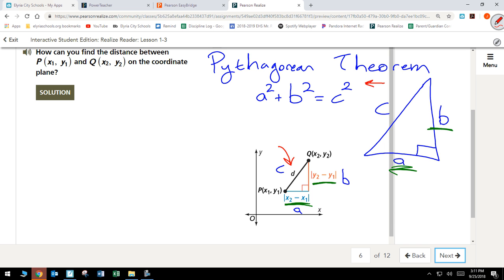And to undo a square, we utilize a square root. Whatever I do to one side, I'm going to do to the other. So the square root of something squared cancels it out. So I get c is just the square root of a squared plus b squared.